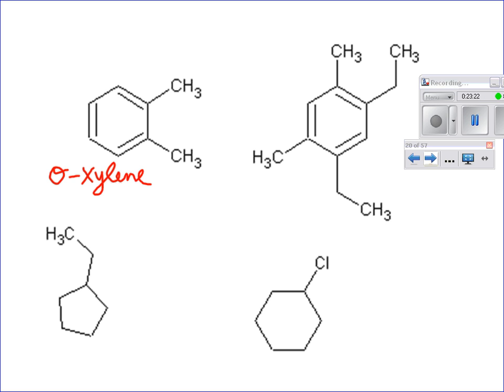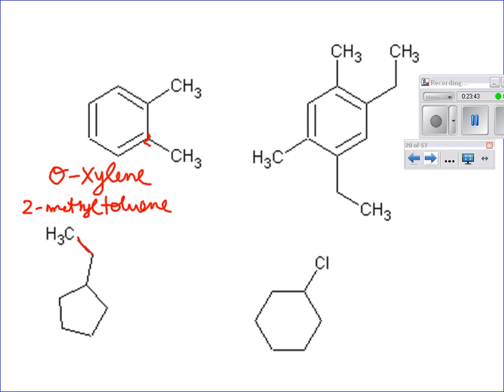Toluene is 1, so this would be 2. 2-methyltoluene would be another way to name it. So there are different ways to name these things. We're not going to spend all day, but I would go for the orthoxylene on that because dimethylbenzene is xylene.